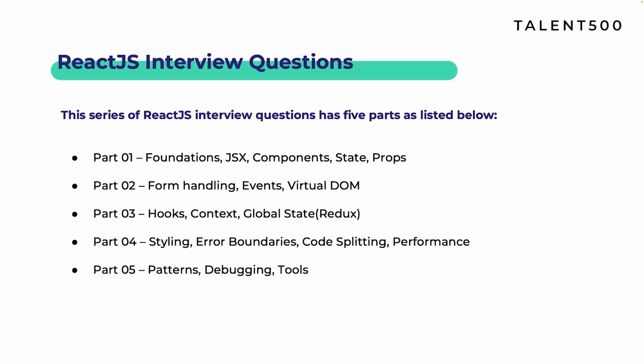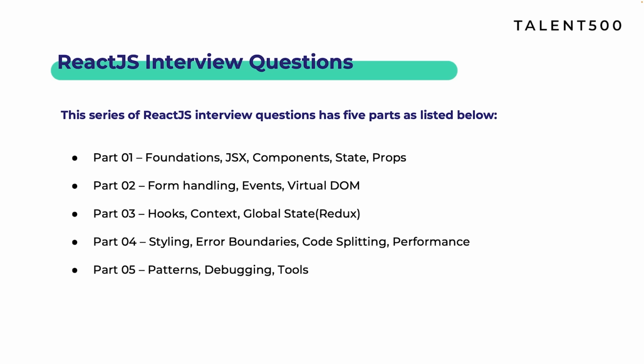The first one today is about the foundations: JSX, components, state and props, as we told. In part 2, we'll be discussing form handling, events, and the virtual DOM, so the questions will be from those areas. In part 3, we'll be talking about React hooks, context APIs, and Redux.